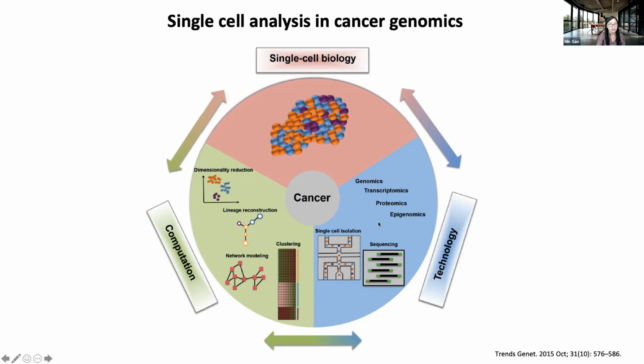Using these data sets, we can analyze them by informatic methods, identify clusters, lineages, or networks, which in turn generate new biological hypotheses. This biological discovery in turn guides the development of new technology and new bioinformatic methods.